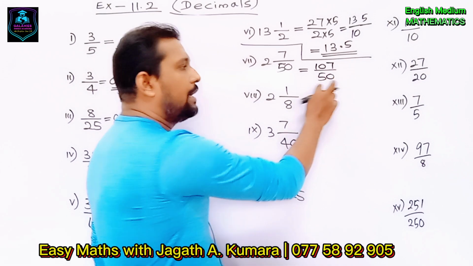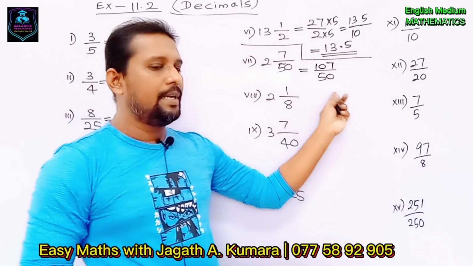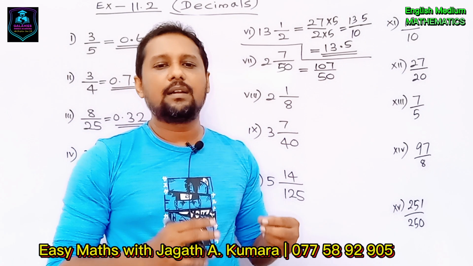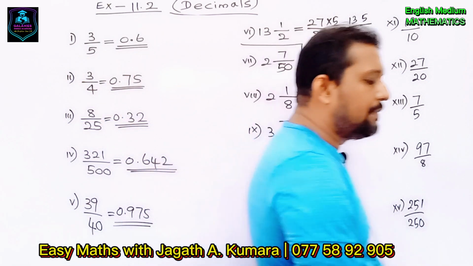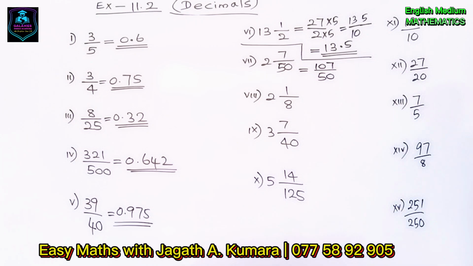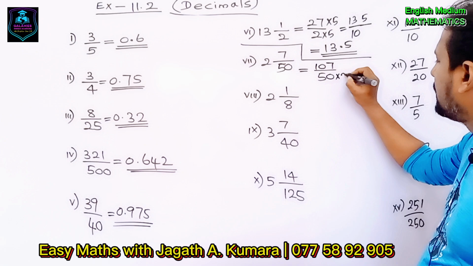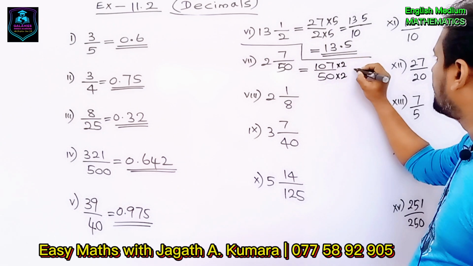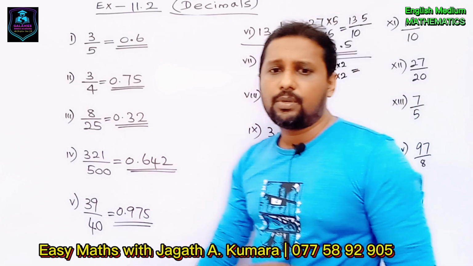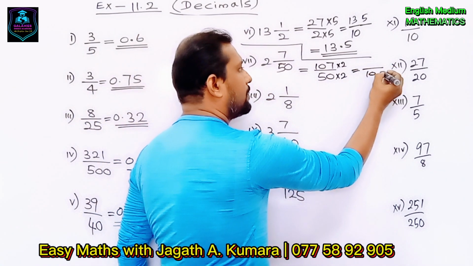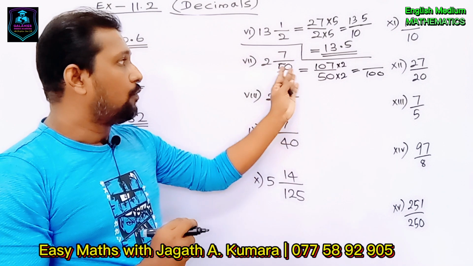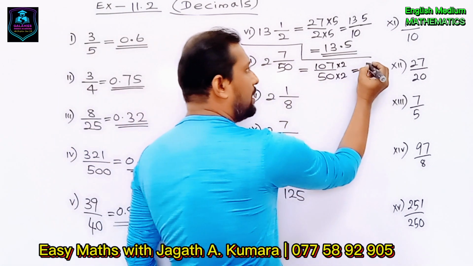Then you try to convert the denominator into a power of 10. We can't convert it into 10 by multiplying by any whole number. But you can convert it into 100. To convert into 100, you have to multiply both numerator and denominator by 2. So the denominator should be 100. The numerator should be 107 multiplied by 2, 214.